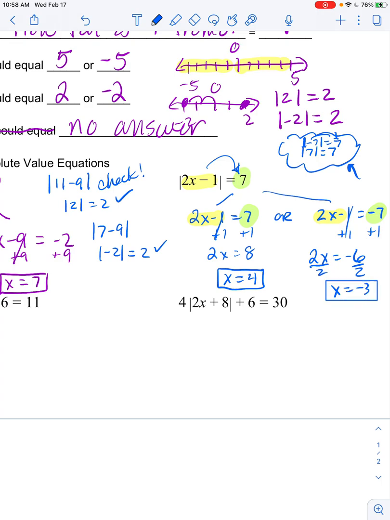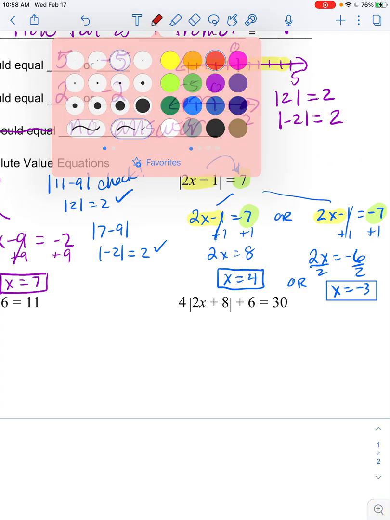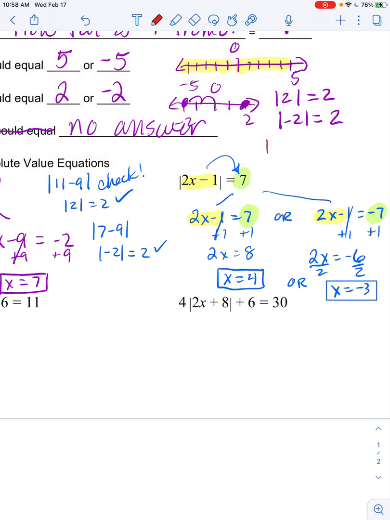And just because absolute value can't be negative doesn't mean you won't get negative answers, because I can go back and check these and see if I'm using the correct answers. I'm saying that 2 times 4 minus 1 would come out as a 7. Well, 2 times 4 is 8, minus 1 is 7, and the absolute value of 7 is definitely 7.